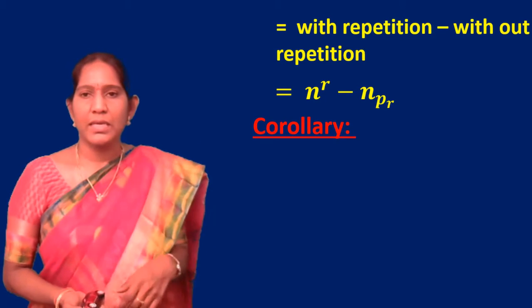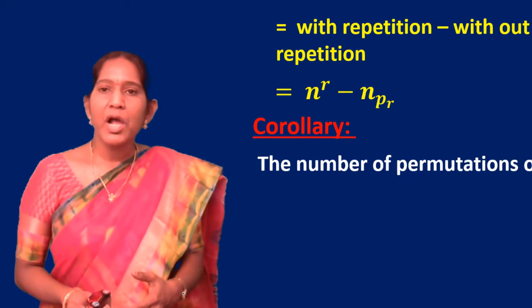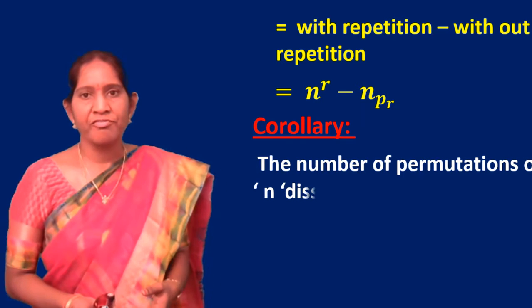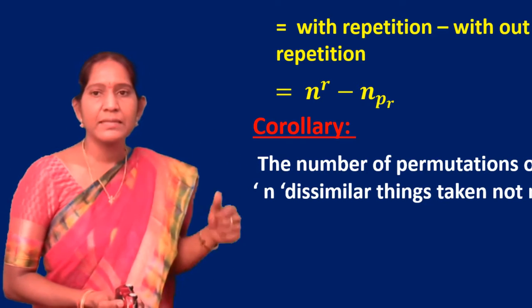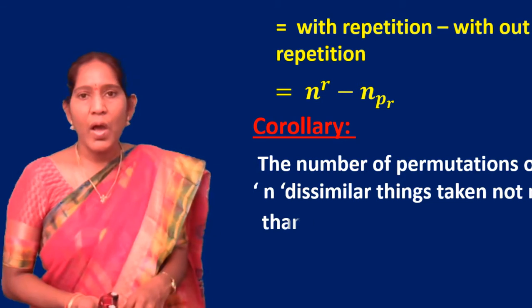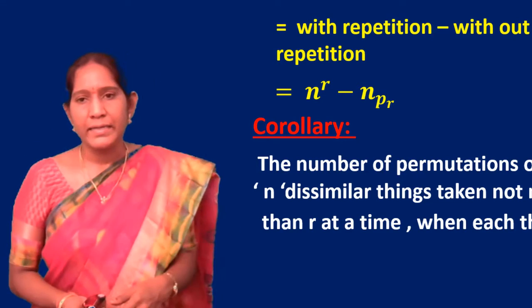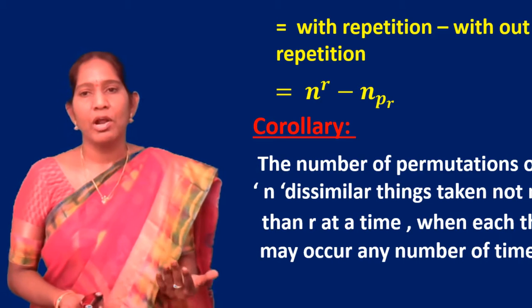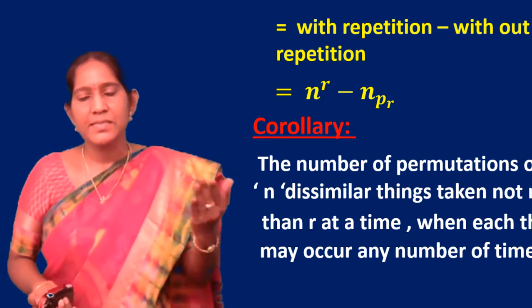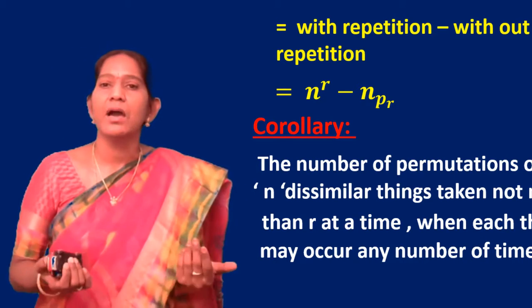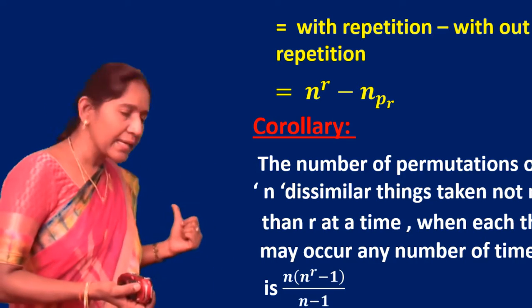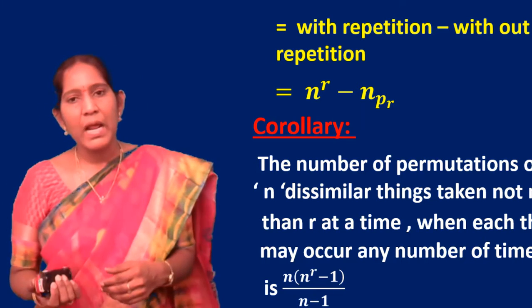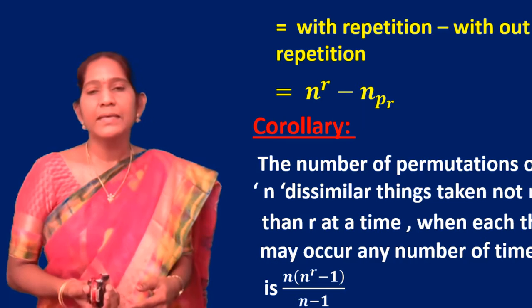See the corollary on this. The number of permutations of n dissimilar things taken not more than r at a time, when each thing may occur any number of times, that means when repetition of things is allowed, is n times (n to the power r minus 1) by (n minus 1).